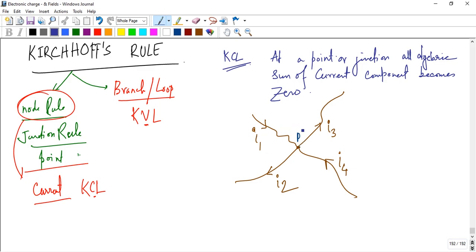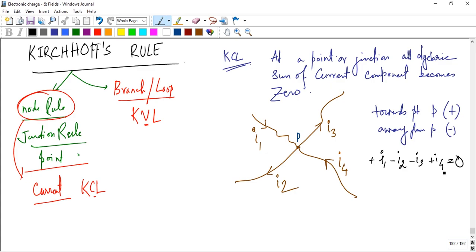Towards point P gets a plus sign, away from P gets a minus sign. So I1 is towards P, so plus I1, I2 is away from P, so minus I2, I3 is away, so minus I3, and I4 is towards, so plus I4.